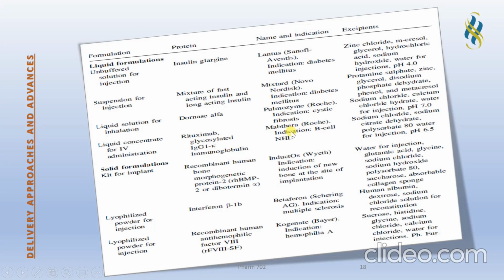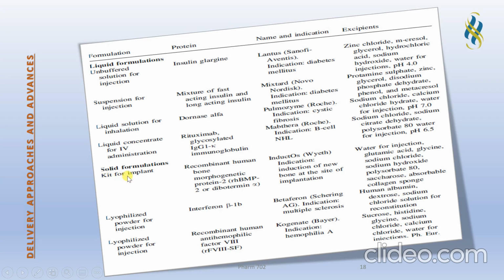It is available as MabThera by Roche and it is indicated for B-cell NHL. The excipients include sodium chloride, sodium citrate dihydrate, polysorbate 80, water for injection, and pH is maintained at 6.5.